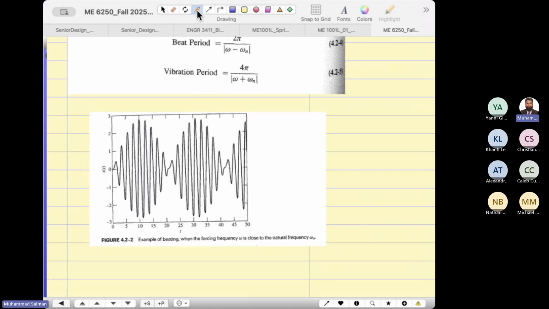If you consider this a sine wave, it has some higher frequency components inside. When the forcing frequency is equal to the natural frequency, it is resonance. Let me show you the final formula here, which you can use in your homework problem.